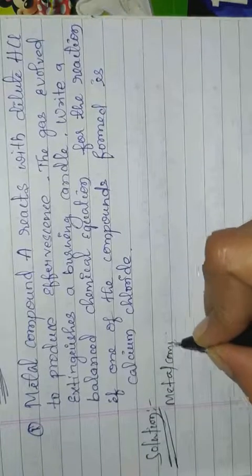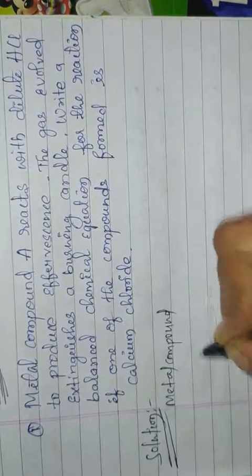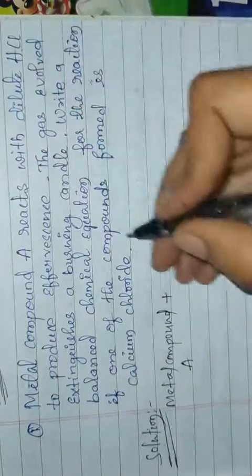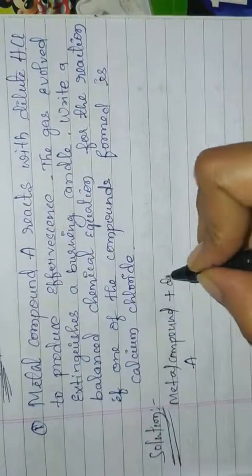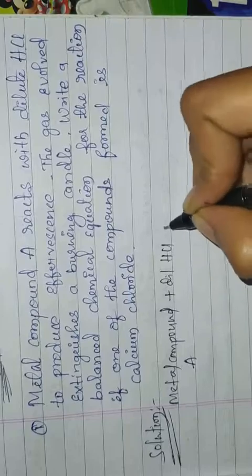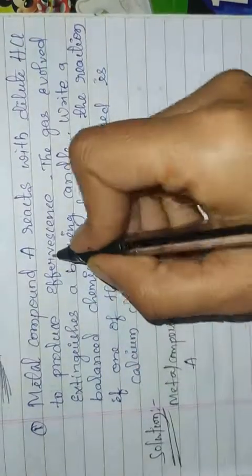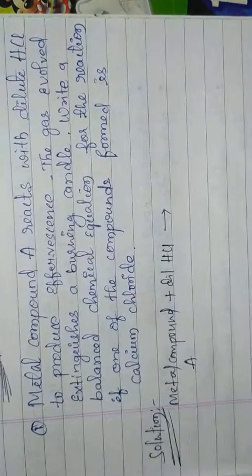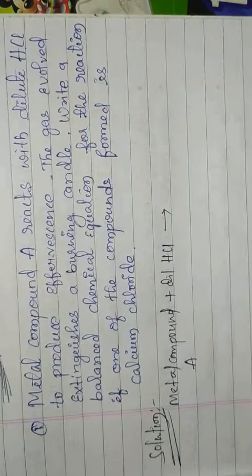A metal compound A reacts with dilute HCl to produce effervescence. Effervescence means the release of carbon dioxide gas.